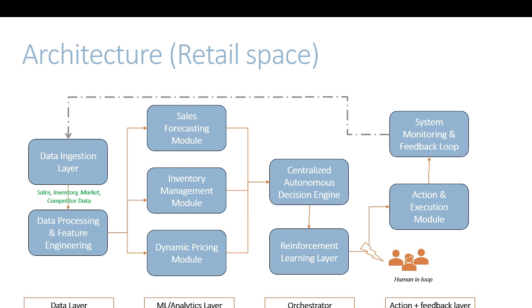Now, if all these three modules are being controlled by another engine, which we call as orchestrator in our case, then we are moving towards autonomy, right? And if they are being controlled, then there has to be a certain level of feedback which goes into that orchestrator where it is able to make decisions.